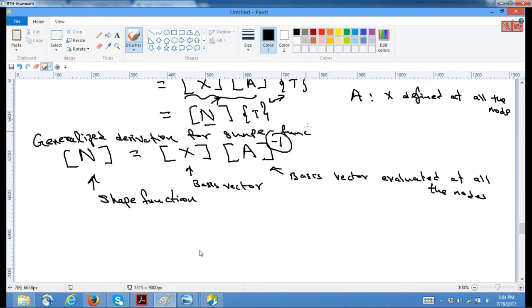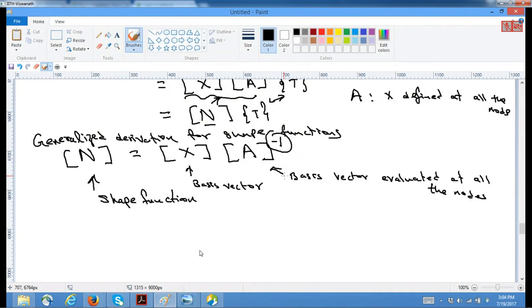Okay, this is a generalized derivation. So by defining it for 2D, I have also defined it for 3D itself. Anyway, I'll show you how for 3D the basis vector is different, but this is the simplest manner in which you can do it. Okay, so this is how you do it.